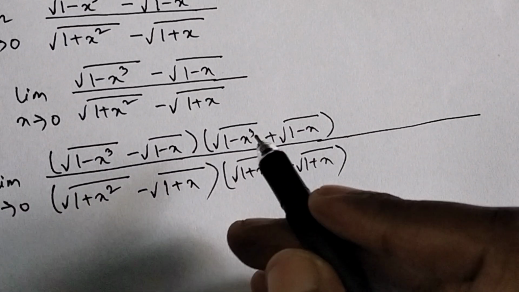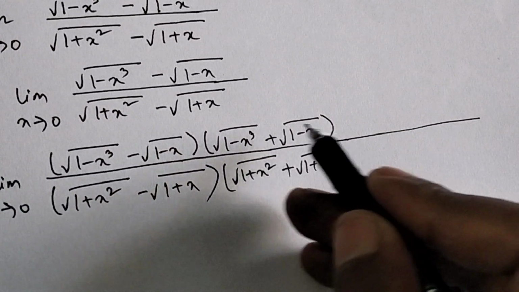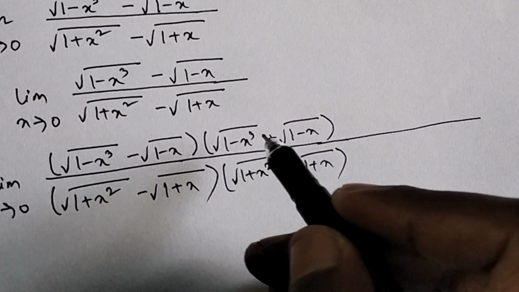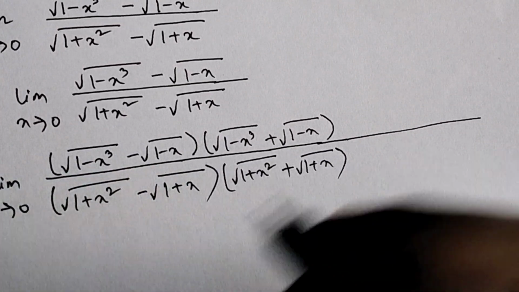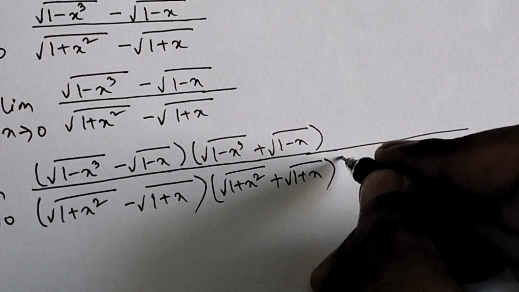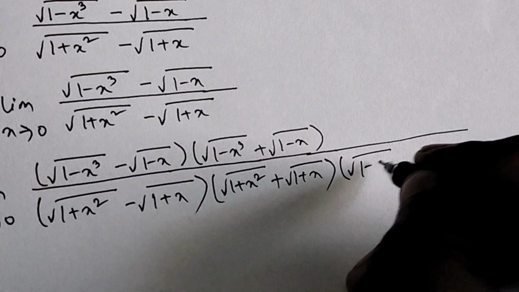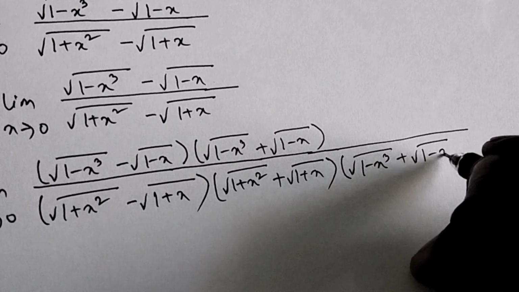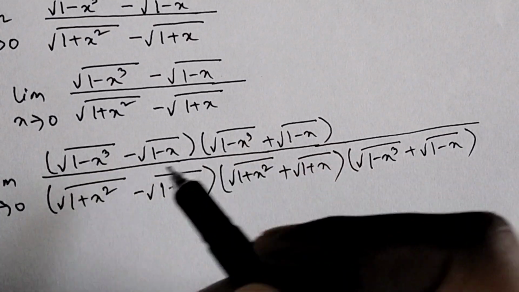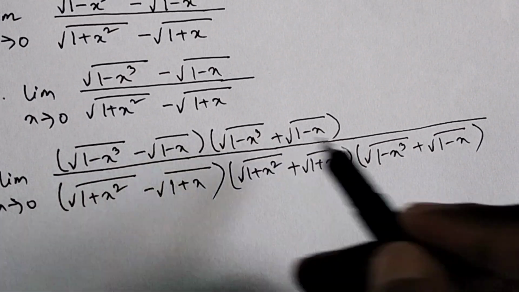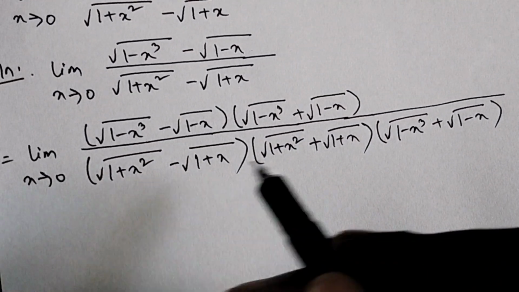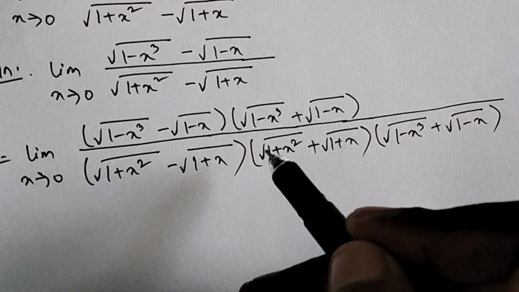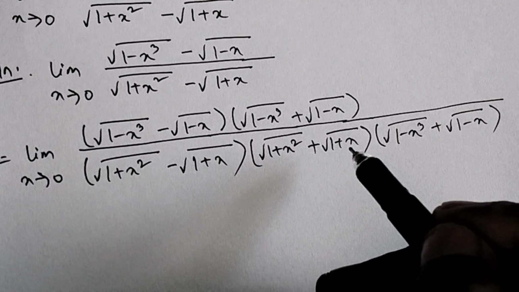So now in the numerator we have added this term. Since we have multiplied this term, we have to divide also: under root 1 minus x cube plus under root 1 minus x. So we are multiplying the numerator and denominator by this term. Again in the denominator we have written this term extra, under root 1 plus x square plus under root 1 plus x.